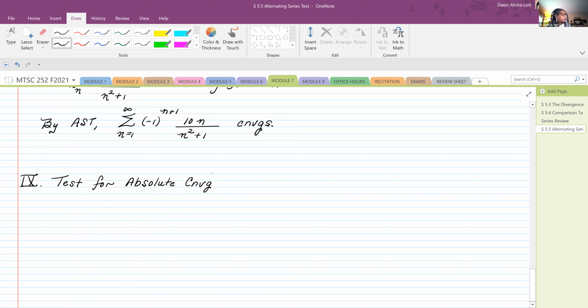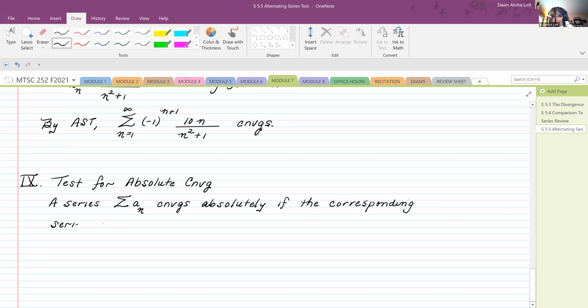So the test for absolute convergence says a series summation an converges absolutely if the corresponding series of absolute values converges.